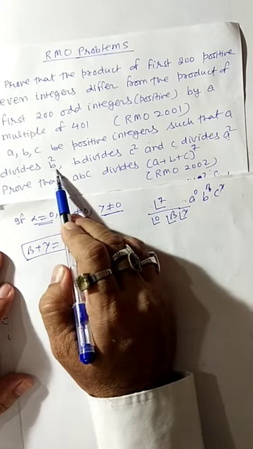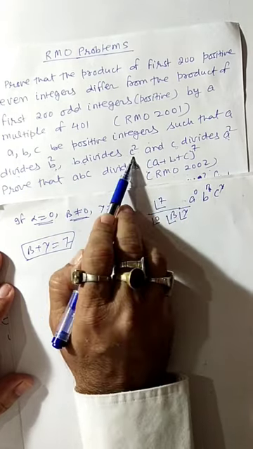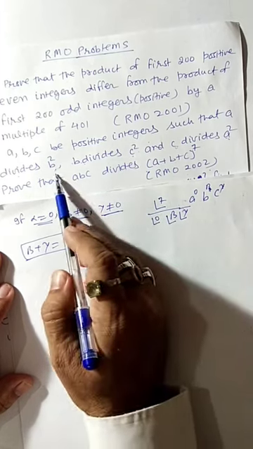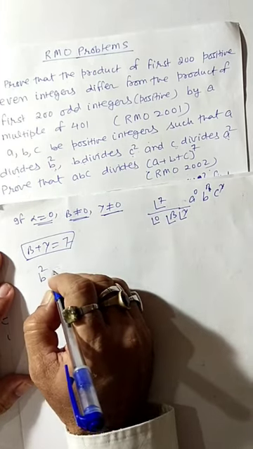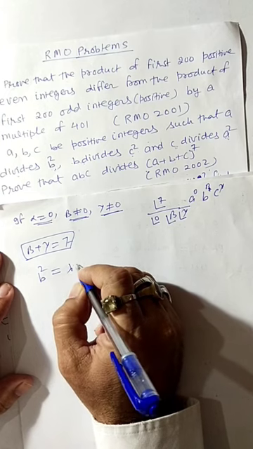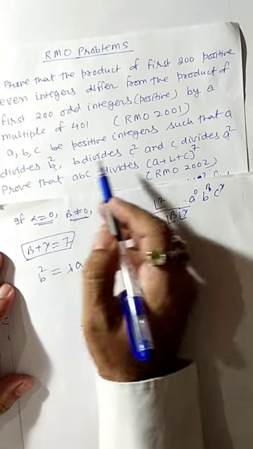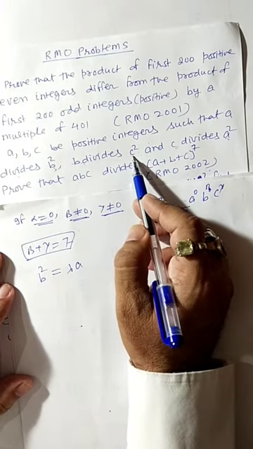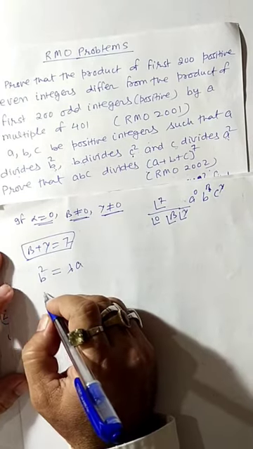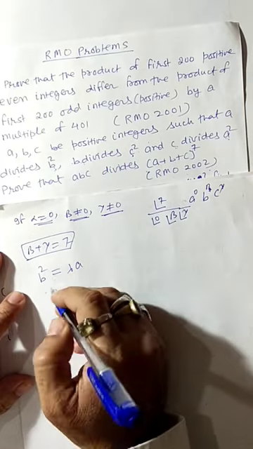a divides b square and b divides c square. Here a divides b square, so b square can be written as lambda into a, and c square can be written as mu into b.